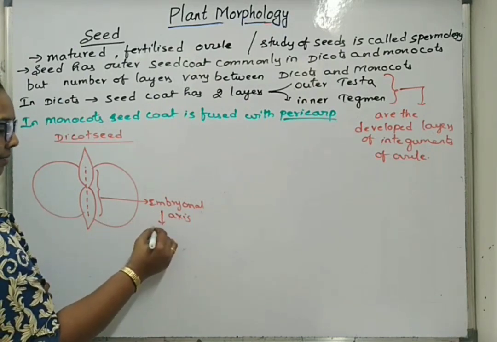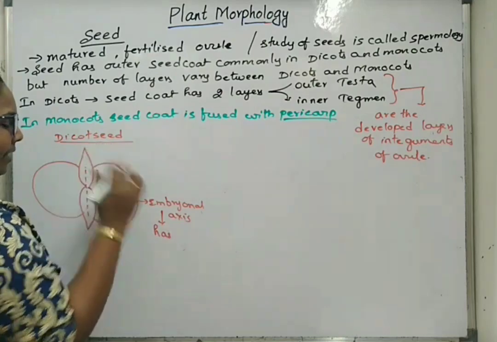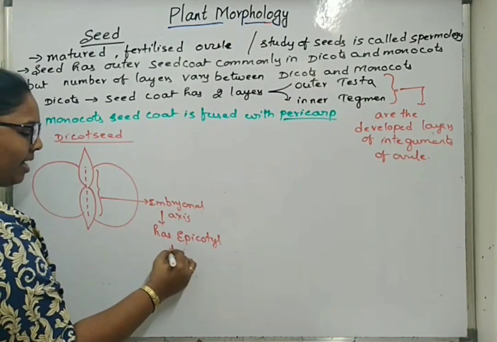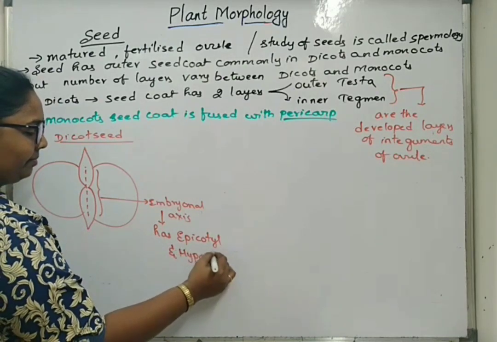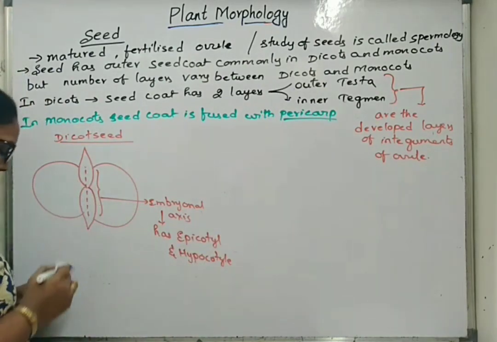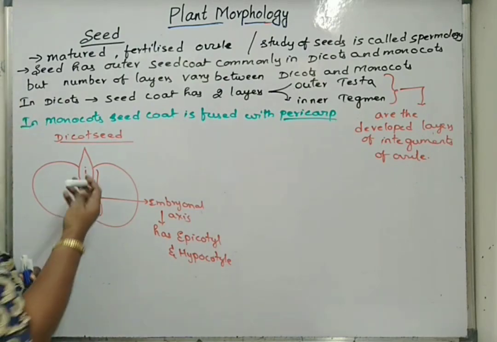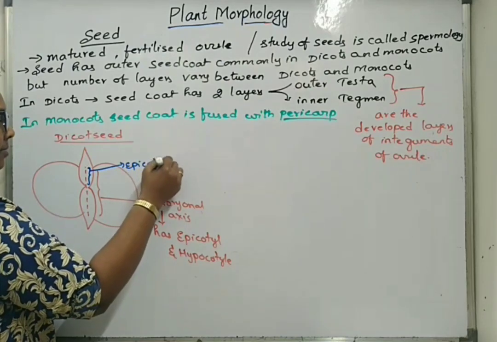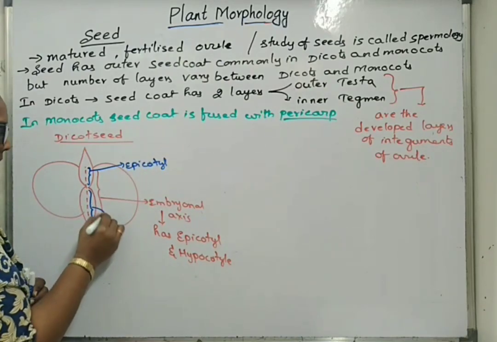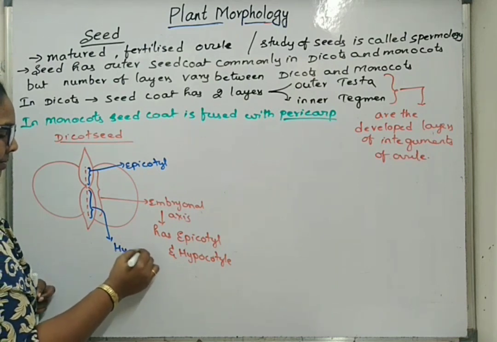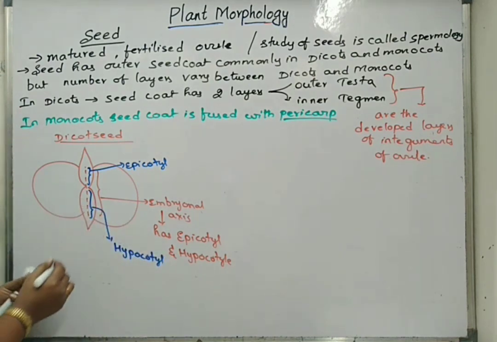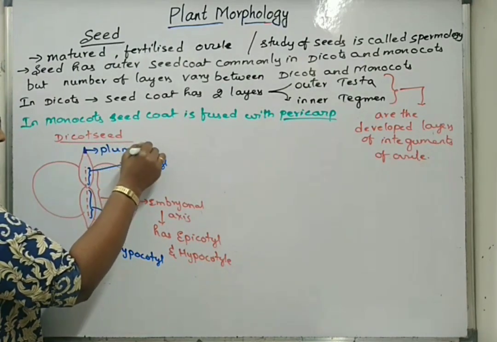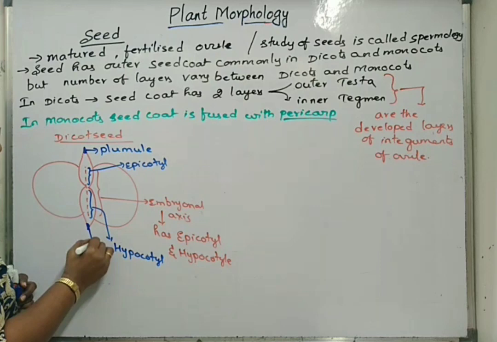Embryonal axis has, in case of dicot seed, epicotyle and hypocotyle. This part is epicotyle. And here at the bottom part, this is hypocotyle. This tip part is plumule. This bottom part is radicle.